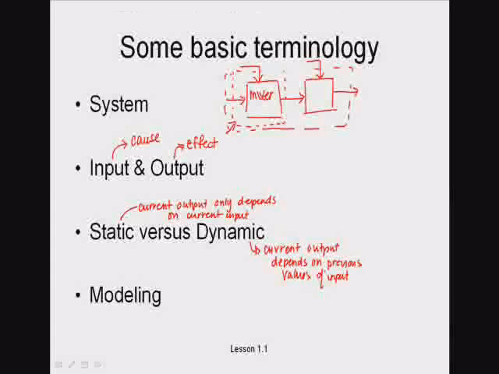So for dynamic systems, we can make it a little bit simpler to understand by saying it varies with time. The reason I hesitate on giving you that definition is that a dynamic system can stay at a steady state.